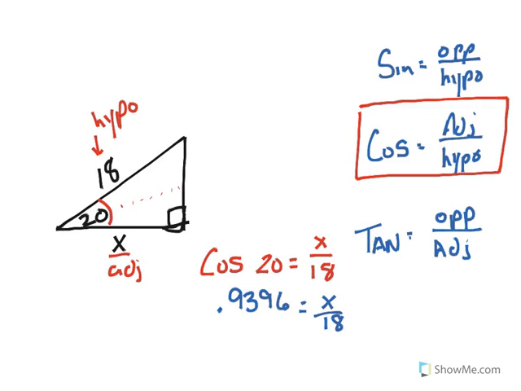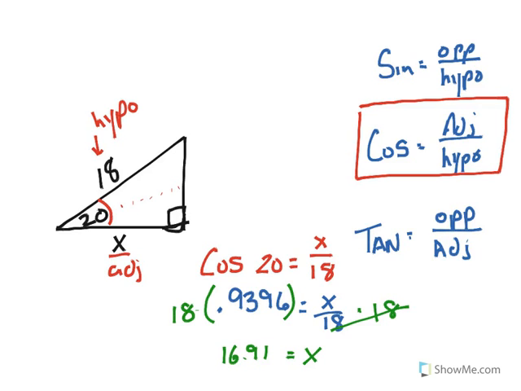To get x by itself, I am going to multiply 18 to both sides because x is being divided by 18. So 18 times 0.9396, and that adjacent side is around 16.91 units long.